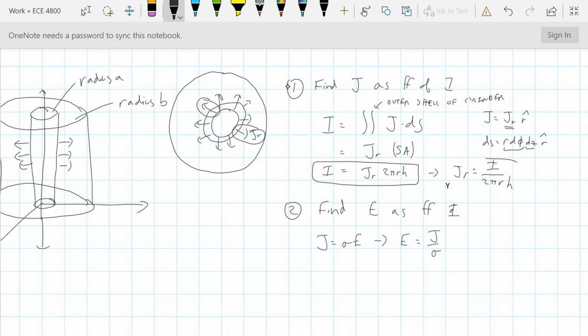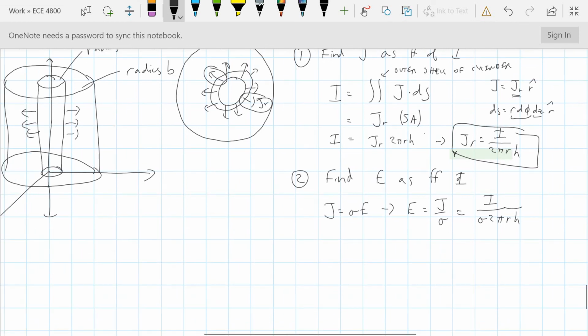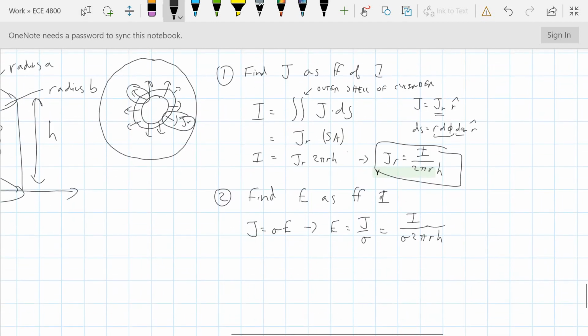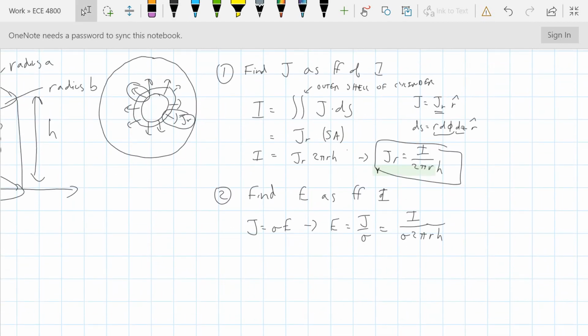This is the formula that should be circled here. The next part is E is equal to J divided by sigma, so it's just I divided by sigma 2 pi rh. Remember, h is the height, the length. Okay, everyone with me so far? We're almost done.